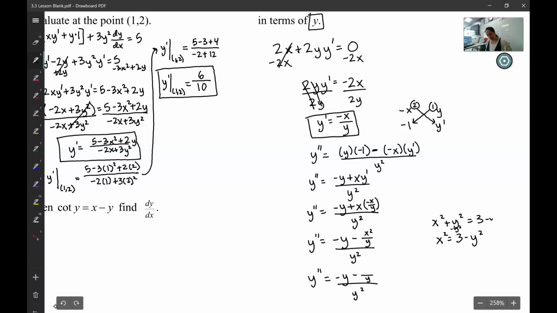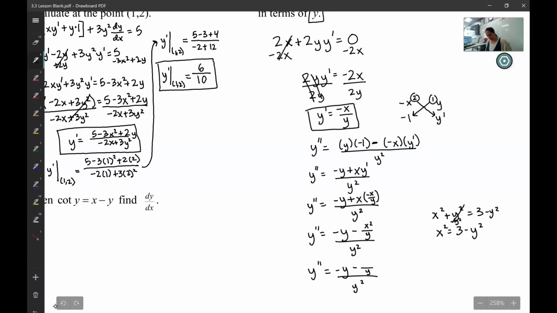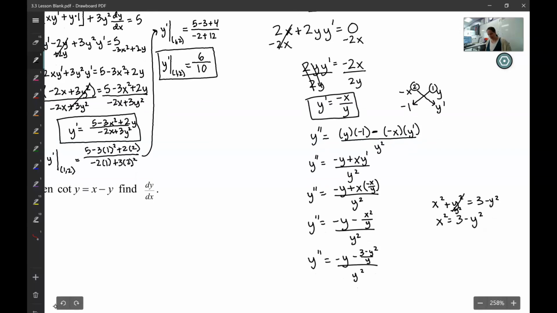Just bring it over to the other side. Well, if x squared is 3 minus y squared, then I can substitute that in for x squared. And now I have the second derivative in terms of only y's, nothing else. So that is my final answer.